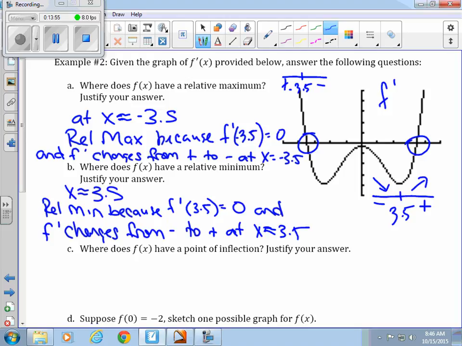Now we didn't say by the first derivative test. You don't have to, but that is what we use. We use the first derivative test there. So we used a definition or theorem, not just a way to remember.